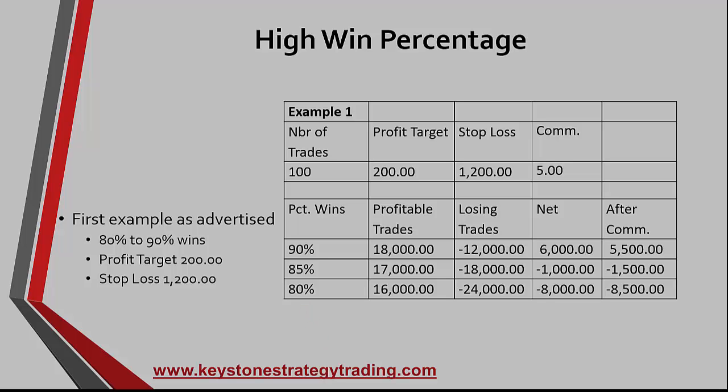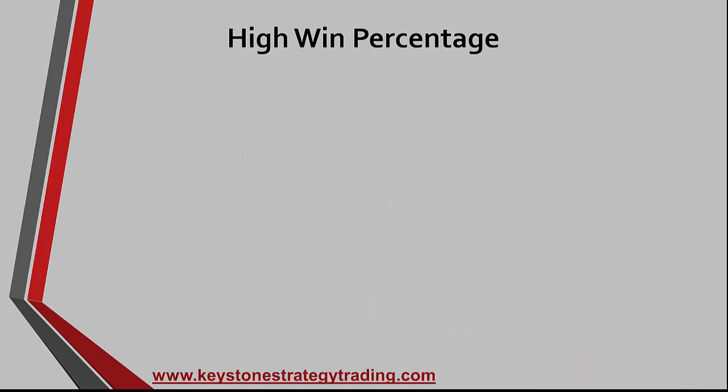So let's just do a second example. This is another strategy, again a commercially available strategy that I evaluated. And once again, I was told that this is a high percentage win strategy, wins 95% of the time. And of course, my first question was, what is the profit factor and what is the win-loss ratio?